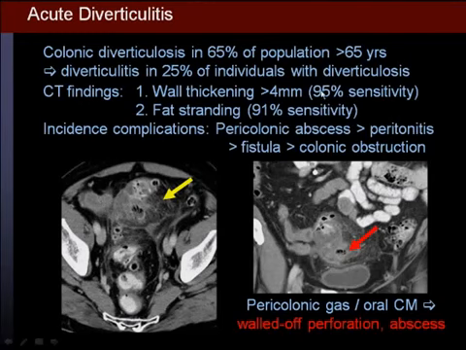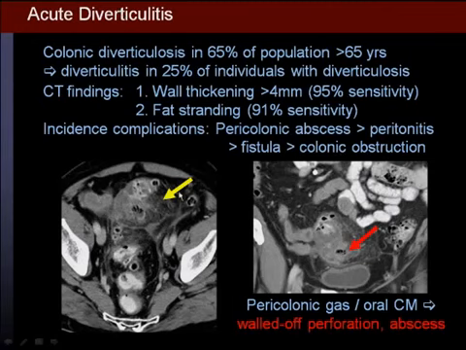fat stranding. The incidence of complications, in decreasing frequency, is pericolonic abscess, peritonitis, fistula, and colonic obstruction. So colonic obstruction is not a very frequent complication of acute diverticulitis.